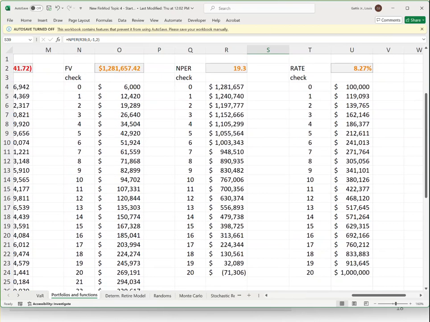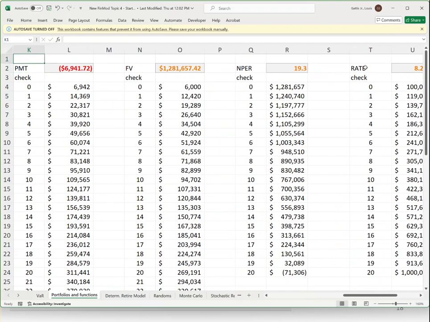Also in the spreadsheet, you can see I have the functions we talked about, the rate function, the NPER function, the FV function, and I went ahead and tested them to prove to you that those functions work. For the example checking the FV function, we calculated $1.28 million.